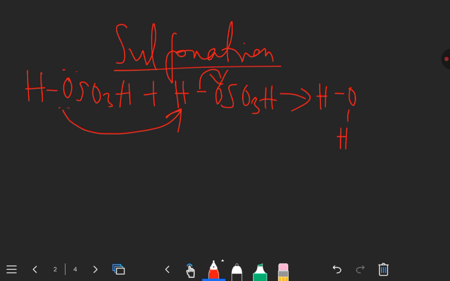Then we have a hydrogen there, which has been added. So we are just trying to protonate this oxygen. Then we have SO3H, then plus this base, which is OSO3H with a negative.